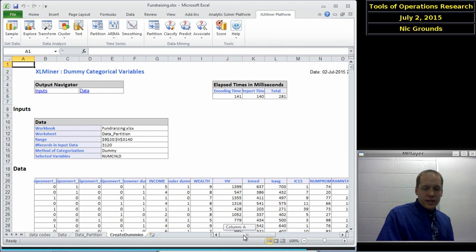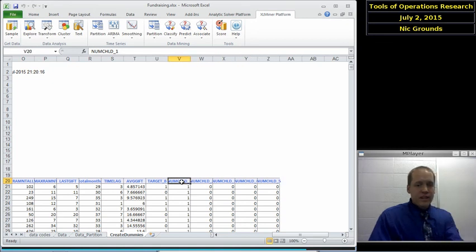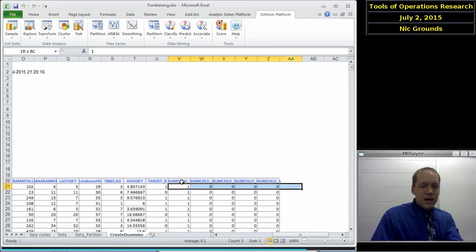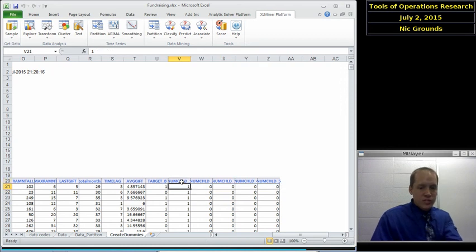Okay, so it did that work for me, and it turned out there were 5 different categories for numbers of children. People who had 1 child, 2 children, 3, 4, and 5. So it created 5 dummy variables, and every record has a 1 for one and only one of those fields, and a 0 for the rest, right? So this first record was somebody who had 1 child, not 2, not 3, not 4, not 5 children.